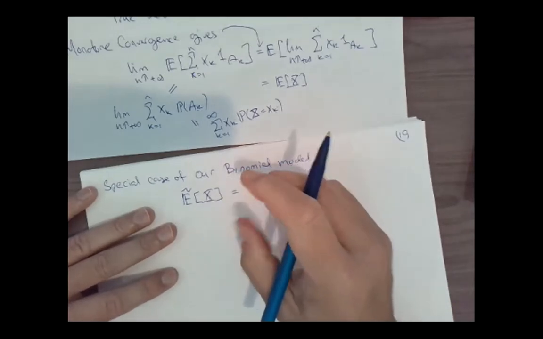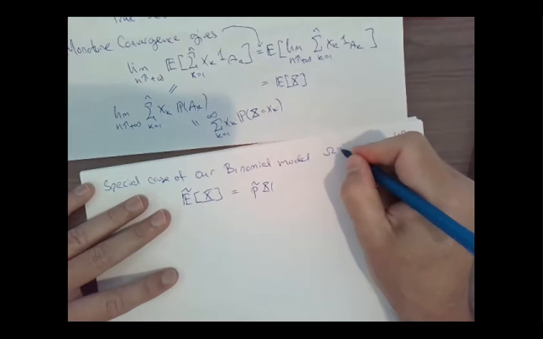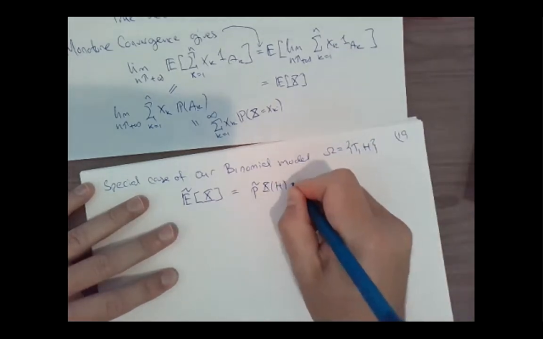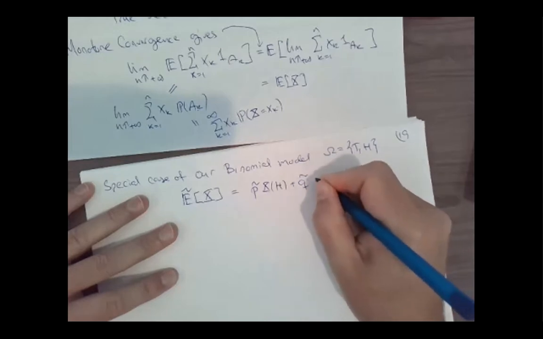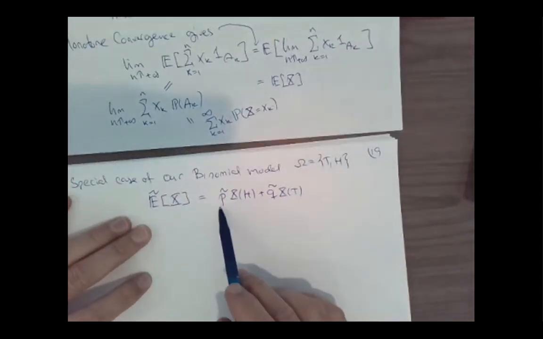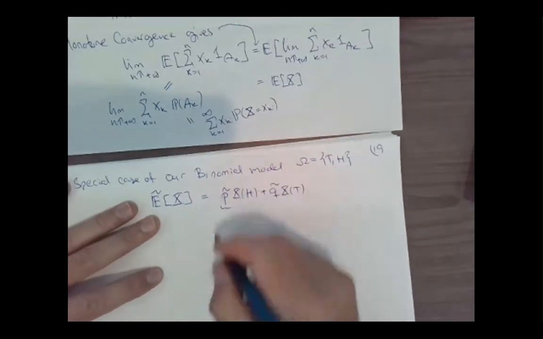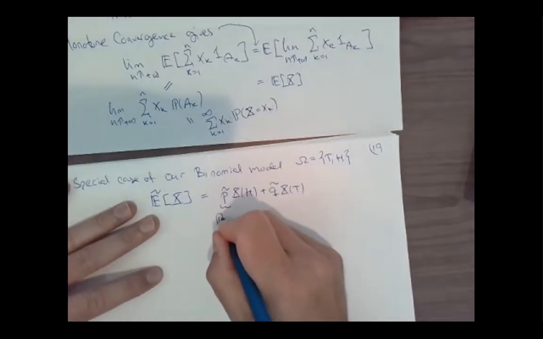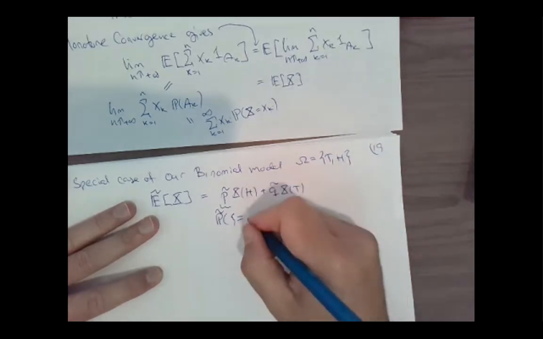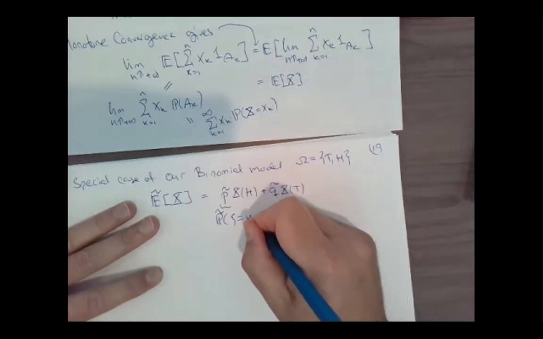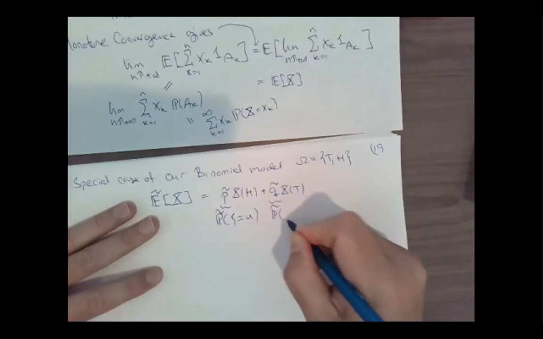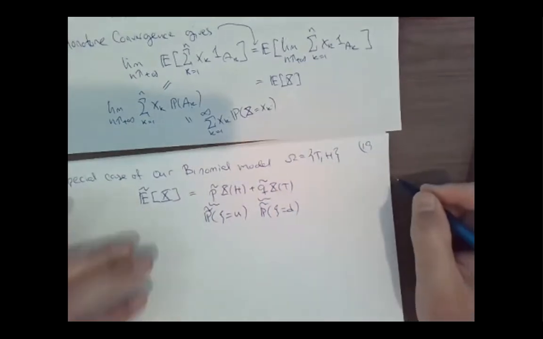There would be two possibilities: either you would have tails or you would have heads. So it was p tilde X of heads plus q tilde X of tails. So we split up this probability here. This was exactly the probability under the tilde measure of where that random variable psi would be u, and this would be where psi would be d.